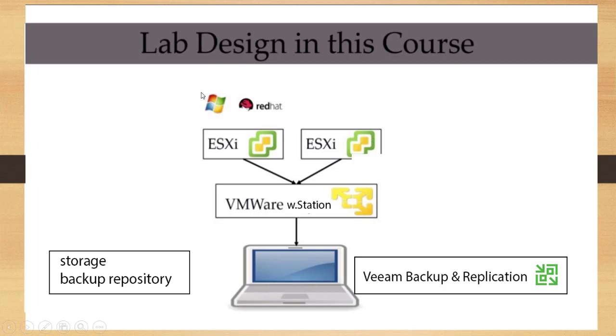And on top of that, I created a virtual machine of Windows 7 only for demonstration purposes. You can have any server, an Oracle server, SQL server or Active Directory server. So this is only for demonstration. And on my laptop, I connected my external hard drive as a backup repository.